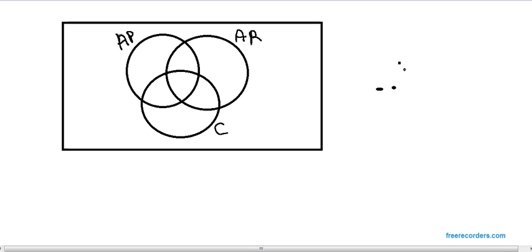C for cheated. Now remember, when you fill in a Venn diagram, you fill it in from the inside out. And so the first part of this diagram that we would like to fill in is the part that I am going to shade right now in gold. Notice that that gold portion lies in all 3 circles.